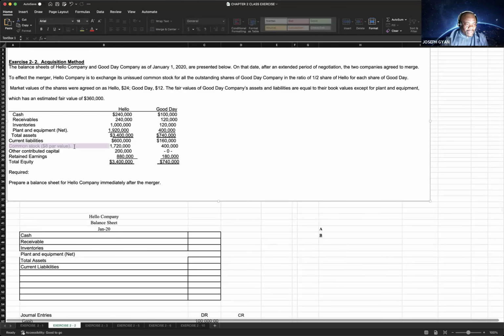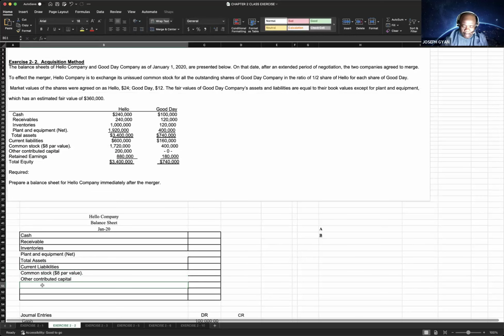We have the common stock. Other contributed capital. Retained earnings. Then we have the total equity.